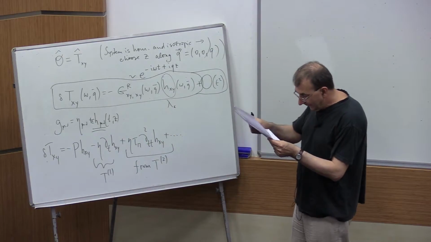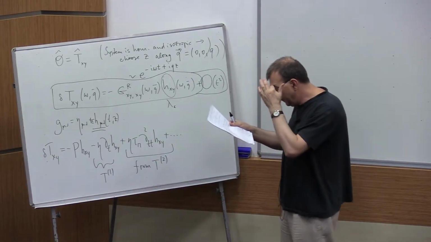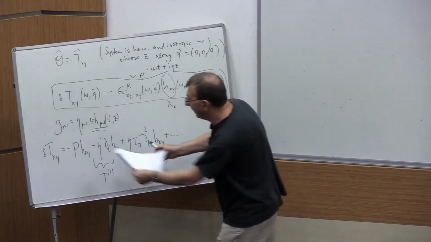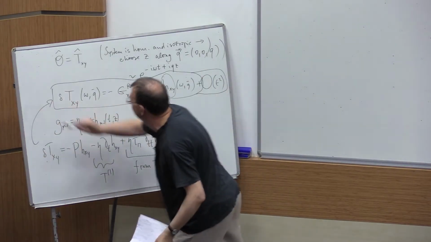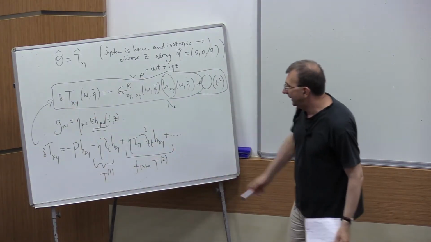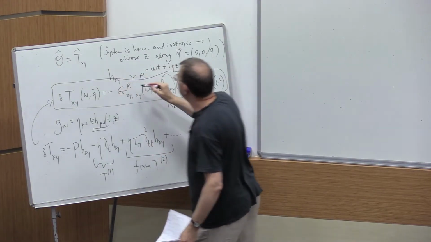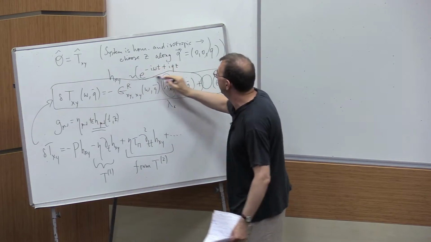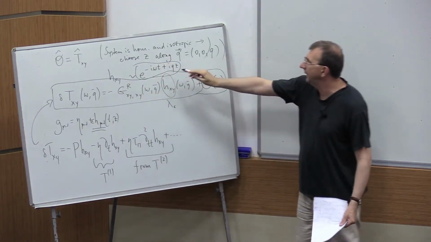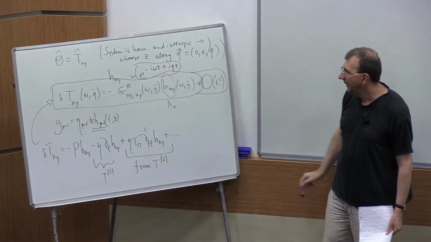And now you can do the following. So let's just compare, right? So we have a left-hand side. So this goes into the left-hand side. And you use Fourier. So your hxy will be proportional to some signal, and then there will be a Fourier component, which depends on t and q like this.